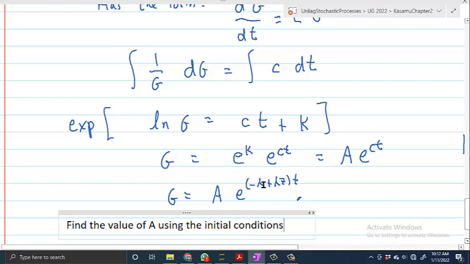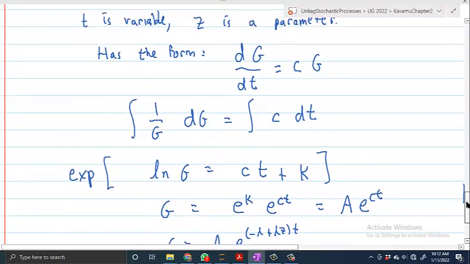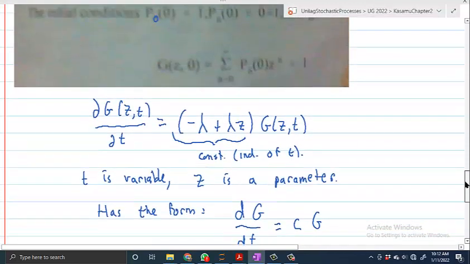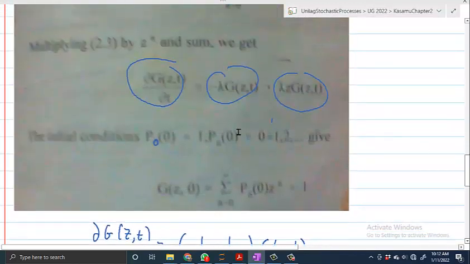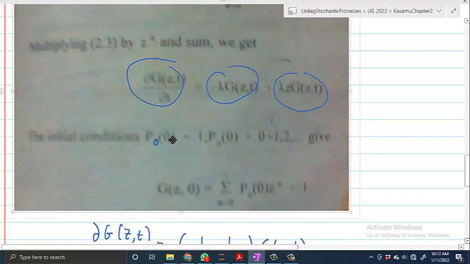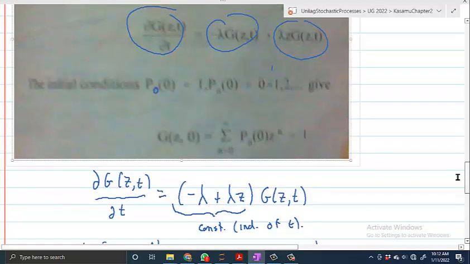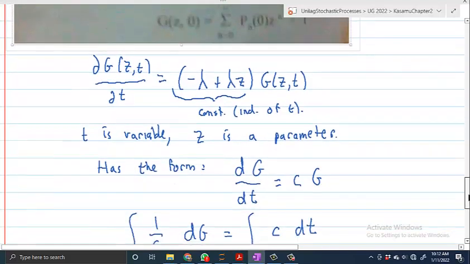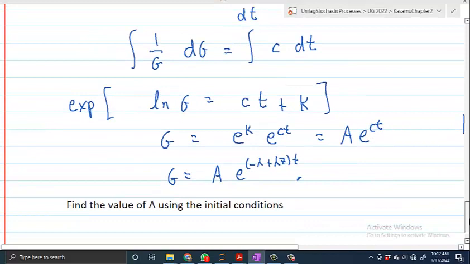The initial conditions were up here. These conditions here, p0 of 0 equals 1, pn of 0 equals 0. And that means that the value of g is equal to 1 when t equals 0. So if you plug in t equals 0, that means g equals a. So that gives me that a is equal to 1.